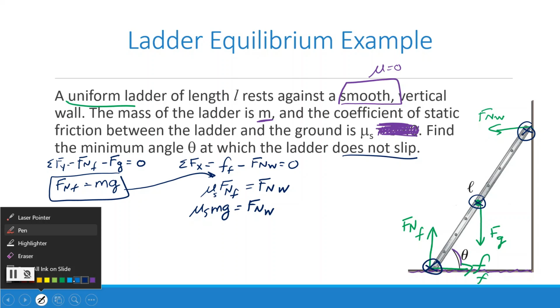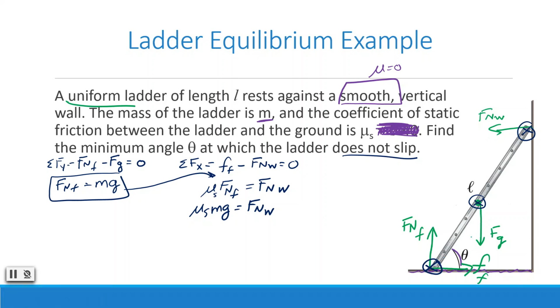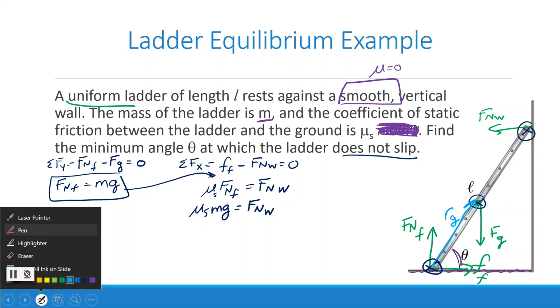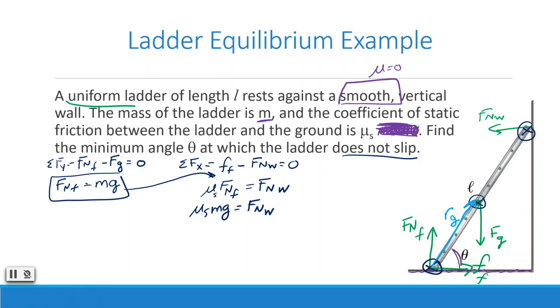Then I need to make sure that I draw my lever arm values in. For my forces, I'm going to have my gravitational force here. I'm going to call that RG. That's the lever arm for my gravitational force. And then I'm going to have a lever arm for my normal force at the wall, which I'm going to call RW for the wall.